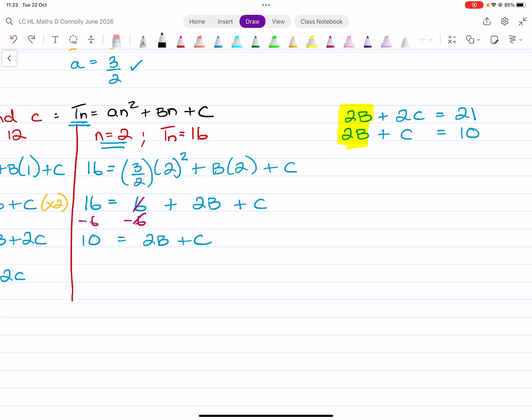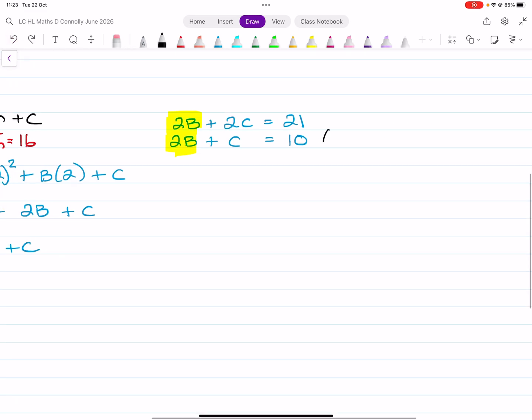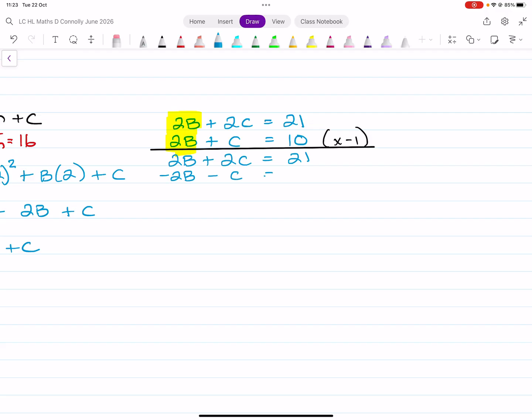Okay, can't just make one of them a minus, so I'm going to make the bottom one minus, which means I have to multiply the entire bottom line by minus 1. So the top line remains unchanged, 2b plus 2c equals 21, and the bottom line, everything becomes a minus. So minus 2b minus c equals minus 10.